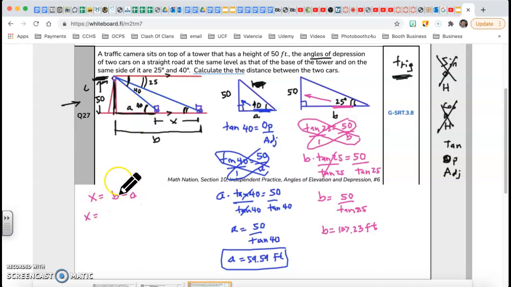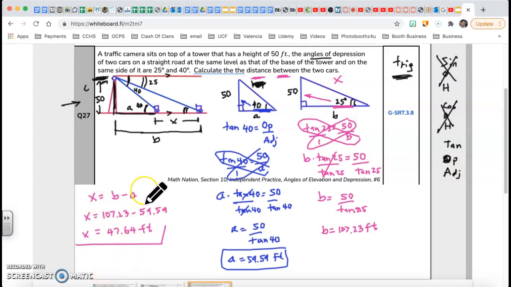X, the distance between the cars, is 107.23 minus 59.59, which is going to give me 47.64. You can stop the video and do the math by yourselves. So the distance between the two cars is 47.64 feet.